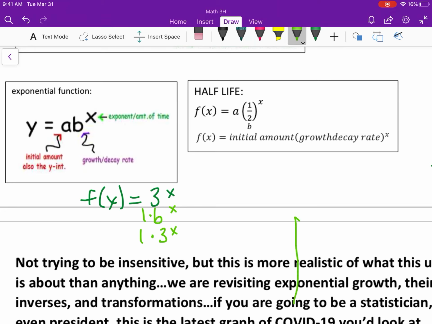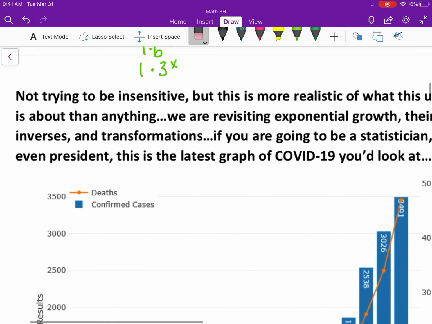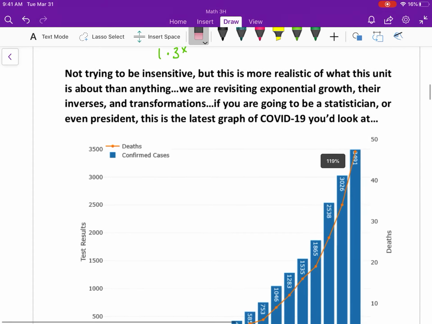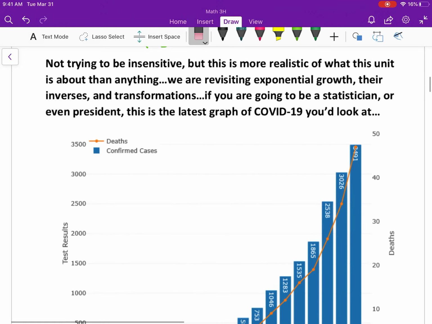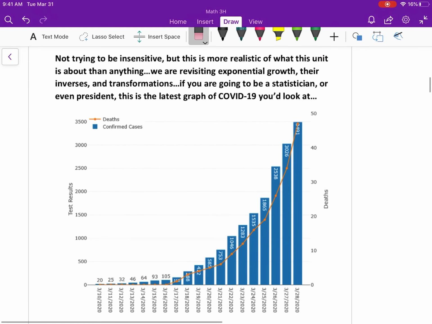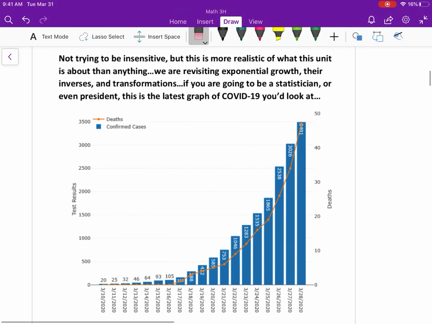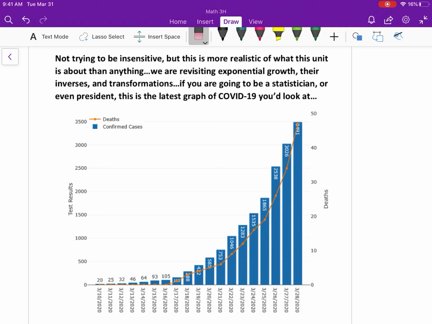Now, I did not want to be insensitive, but in terms of a realistic approach to this, what I did is I've been following this actually every day online. It gives the growth of the COVID-19 coronavirus in the state of Illinois. And also the deaths.